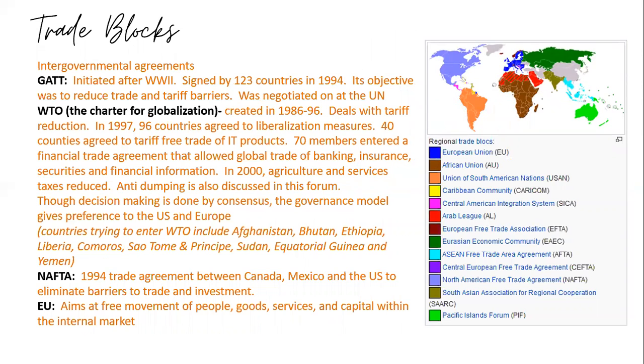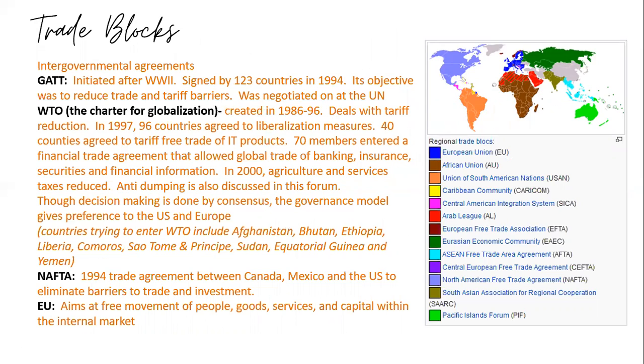One thing also that happened after globalization was introduced is that various trade blocks were made. This slide gives a little bit of a history of this whole WTO agreement.